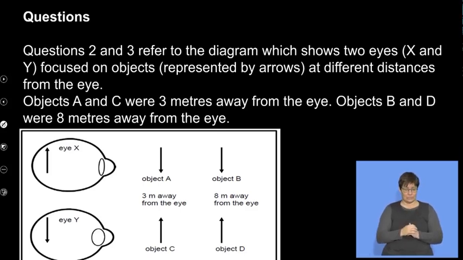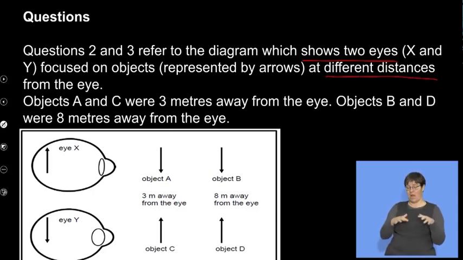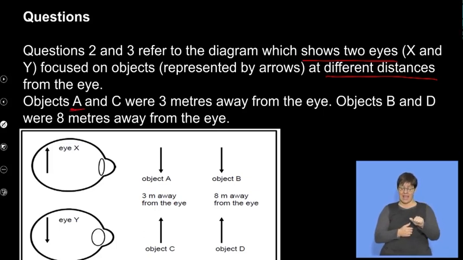The next questions, questions 2 and 3, refer to the diagram which shows two eyes. Eye X and eye Y focus on an object at different distances. Accommodation. Objects A and C were 3 meters away from the eye.